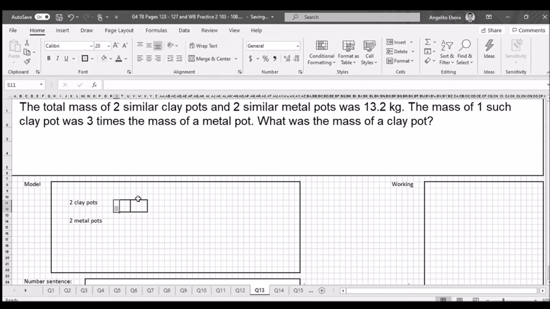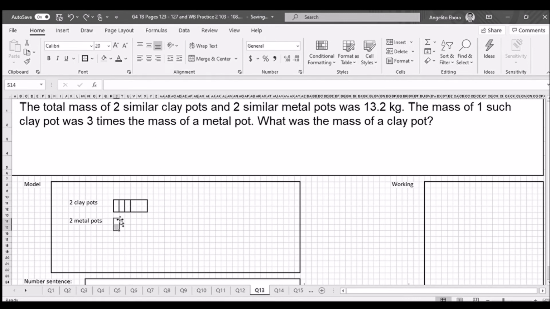So 1, 2, 3. Let me show you this first. This is the one clay pot, and then the second clay pot. The mass of one such clay pot was 3 times the mass of a metal pot.